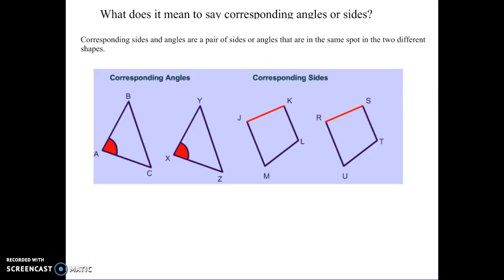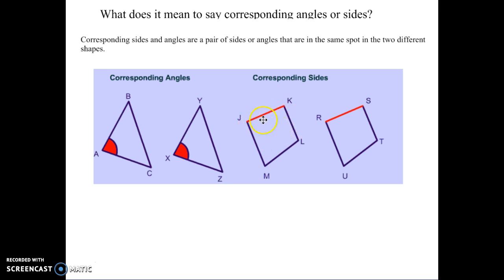So if you look at these pictures, see how angle A and angle X are the bottom left angles, so those would be corresponding angles. B and Y are the top angles, so those would be corresponding angles. And then C and Z are the bottom right angles, so those would be corresponding angles. So they're in the same place when you're comparing the two figures.